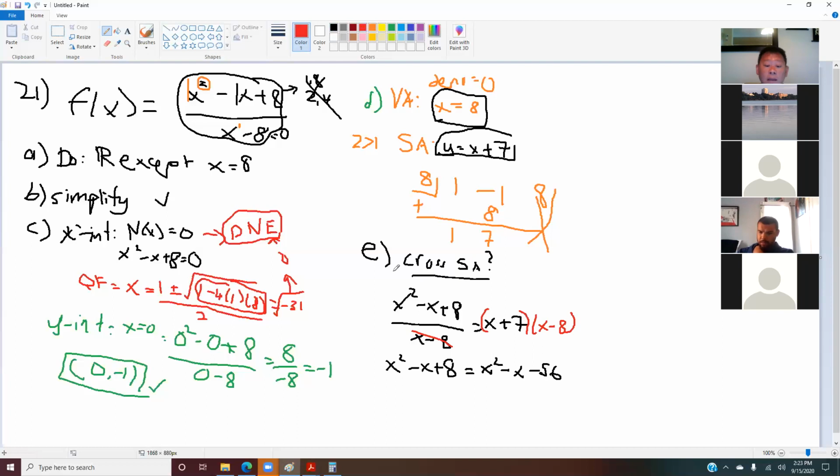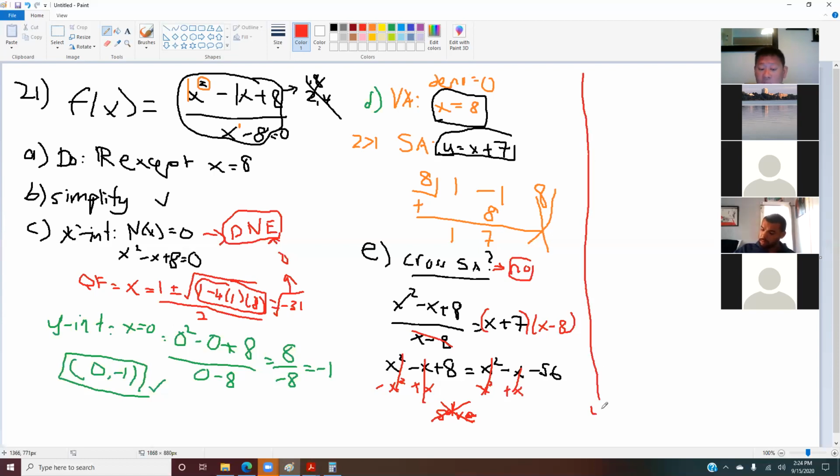And you solve for x in this case, so you subtract x squared, you add x, and what you notice when you try to solve for x here is both the x squared and x cancel out, so this is not able to solve. The reason why you cannot solve this is because there's no x left. All your x's are canceled. So do we cross on the slant asymptote in this case? Yes or no? Since this is not solvable, yes or no? Anyone? Yep, so your answer is no.